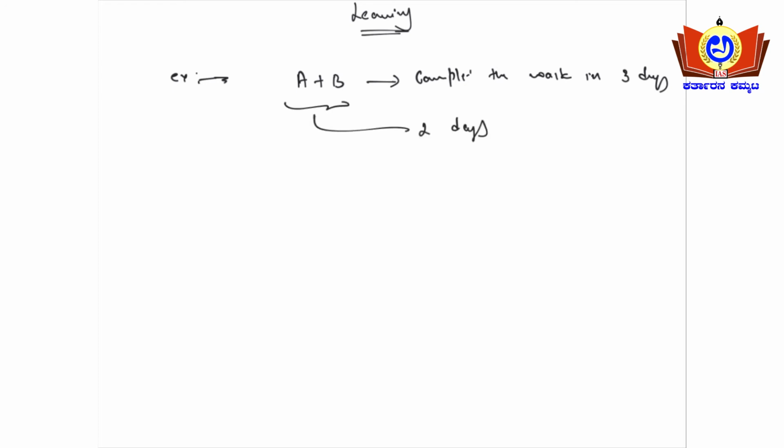Say, for example, consider A plus B can complete the work in 3 days. They both worked for 2 days, then B left the work.